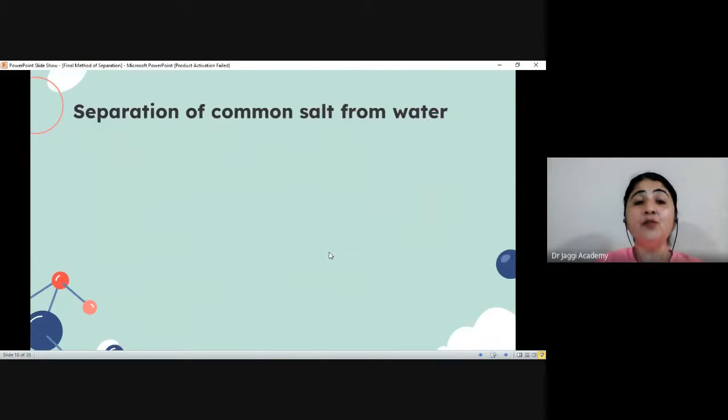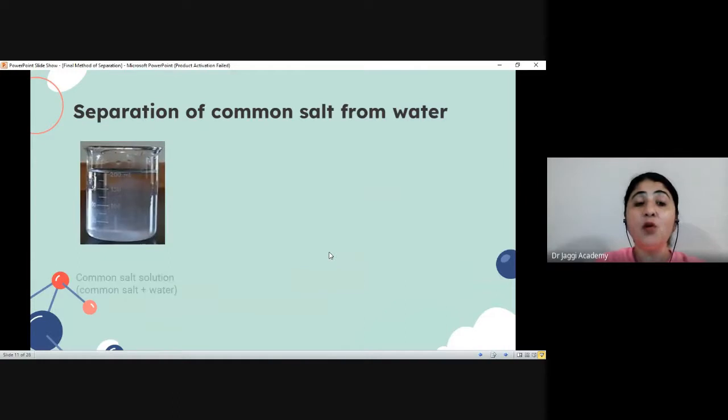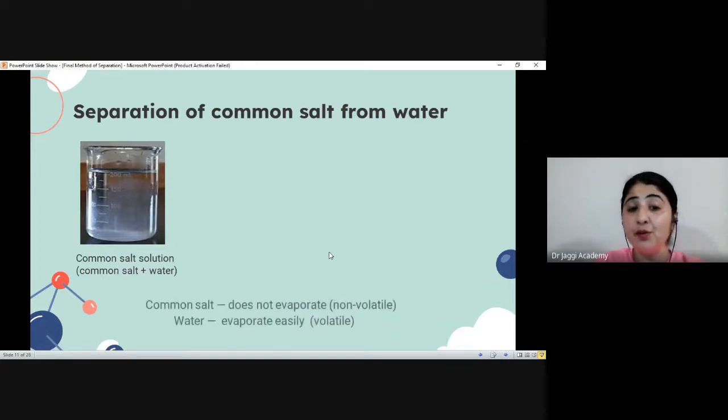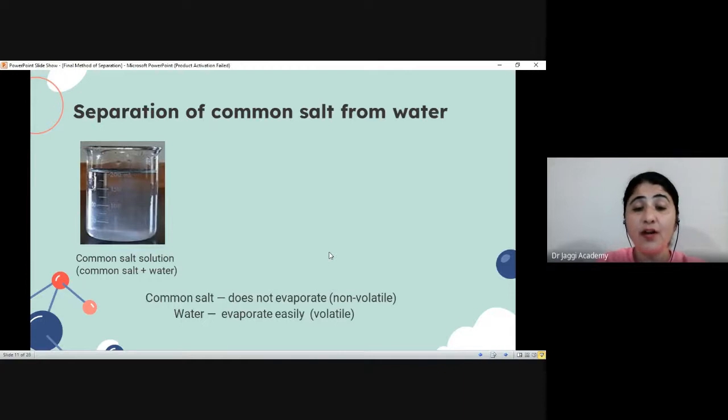Next we will take the example of the separation of common salt from water, which is also known as desalination. In this case, we take the common salt solution, which contains two components. One is common salt and the second is water. As we know, common salt is non-volatile in nature, meaning it doesn't evaporate, whereas water is volatile in nature, meaning it evaporates easily on heating, or even without heating at room temperature.